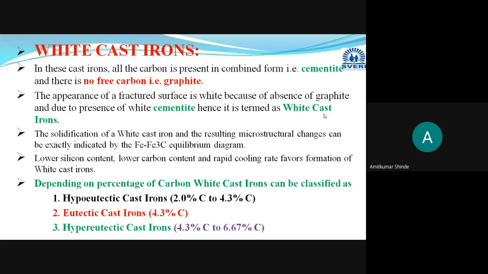These white cast irons follow the same equilibrium diagram which we have studied for the steel.